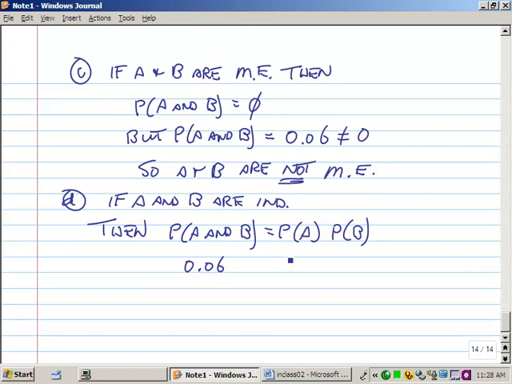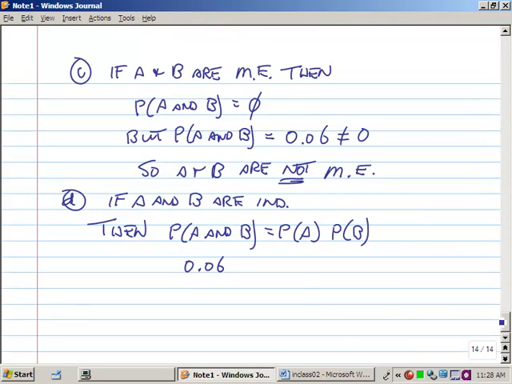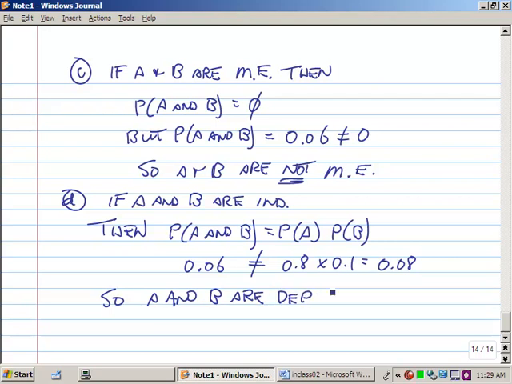Probability of A is 0.8 times probability of B 0.1 is 0.08. Might be close, but it's not the same. It's not equal to. So A and B are dependent. In other words, not independent. Okay.